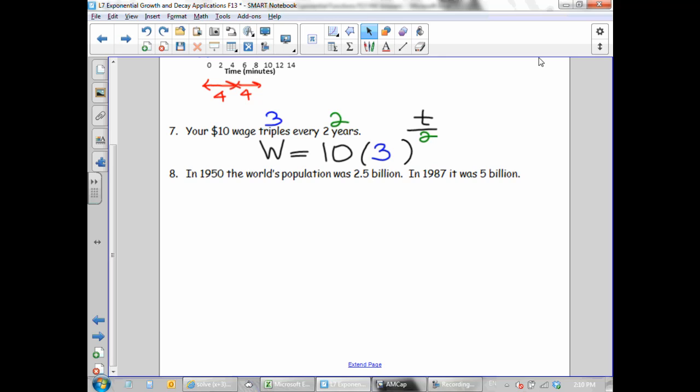Okay, I'm going to go with P. P's like population. Okay, watch how you do this. What was the original start point? Well, the original start point was a population of 2.5 billion. So I'm going to use units of billion, and I'm just going to write 2.5. I'm not going to bother writing 2,500,000,000. I'll just use units of a billion and make the equation easier. Okay?